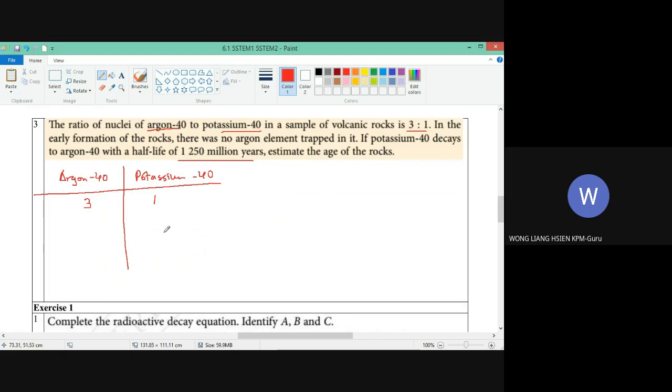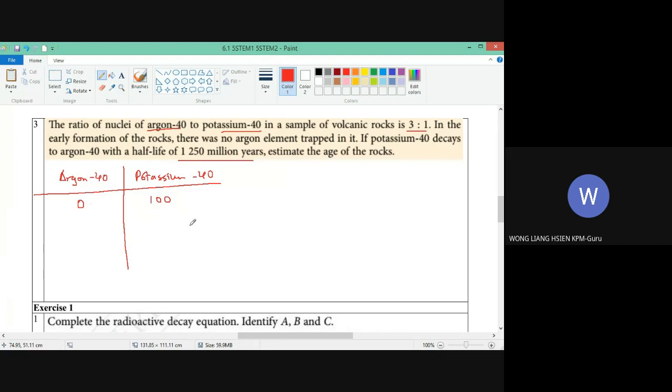First, again, we need to find out how many half-lives have already passed. We can draw a table like this. At the beginning, argon is 0 and potassium is 100%.